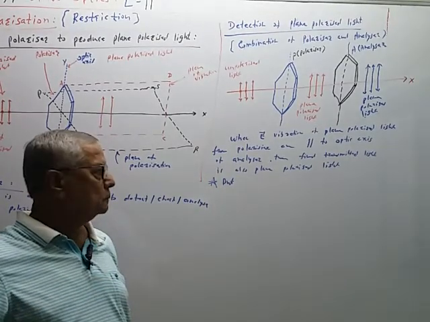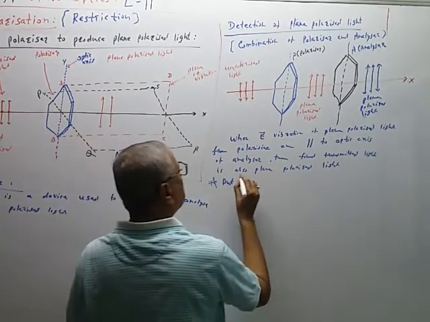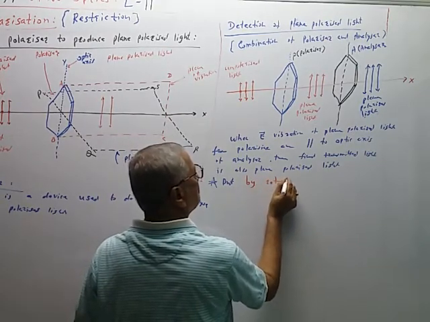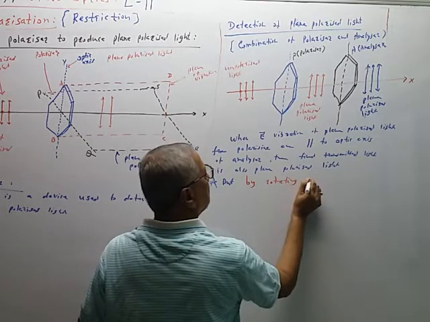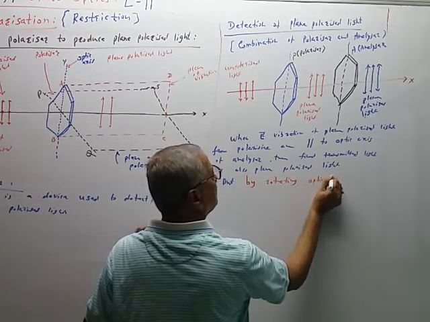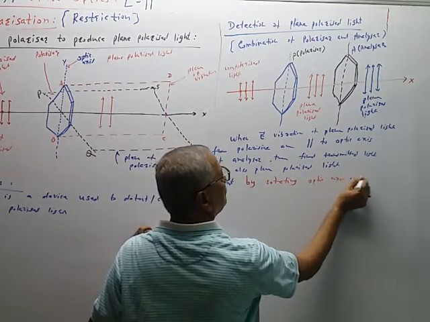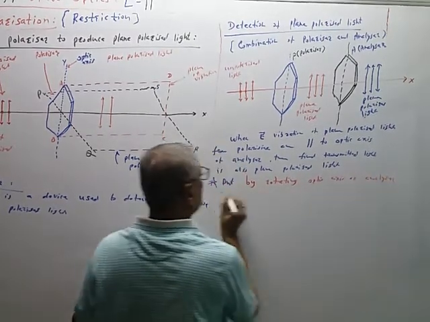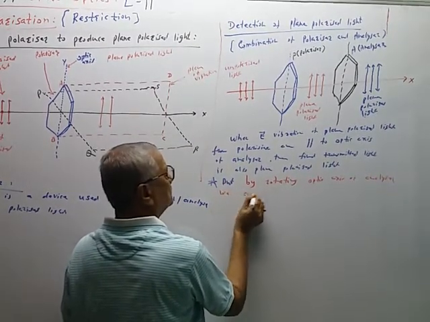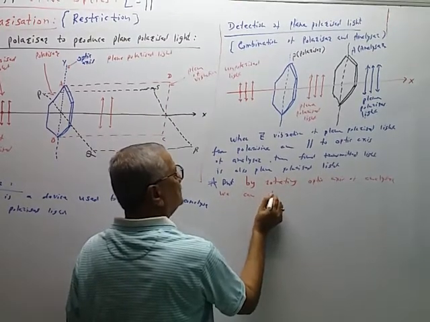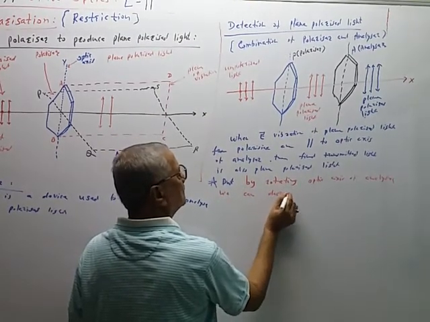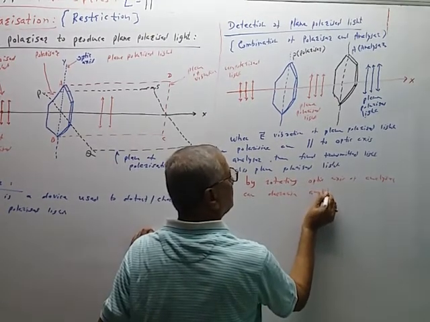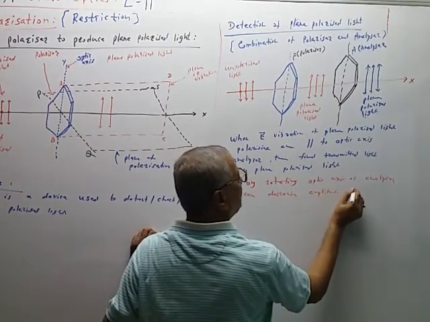But by rotating the optic axis of the analyzer, we can decrease the amplitude of the E vibrations.